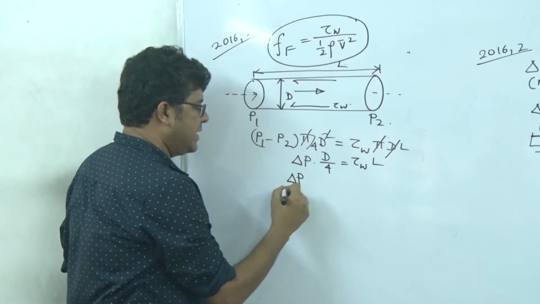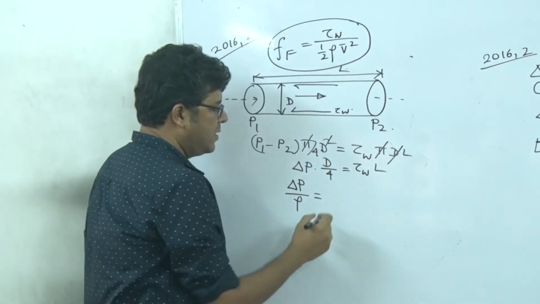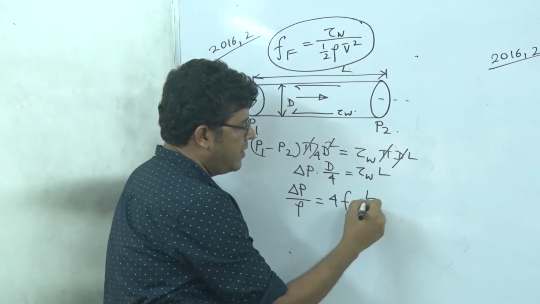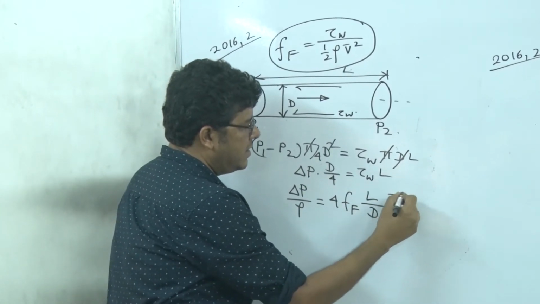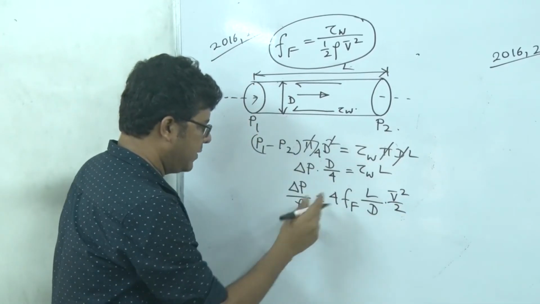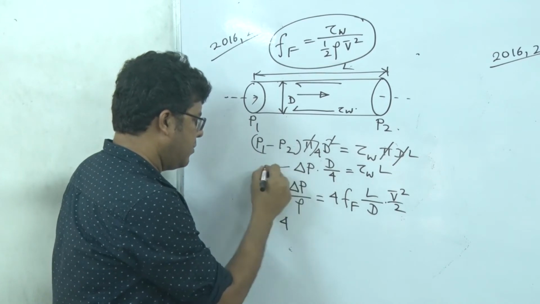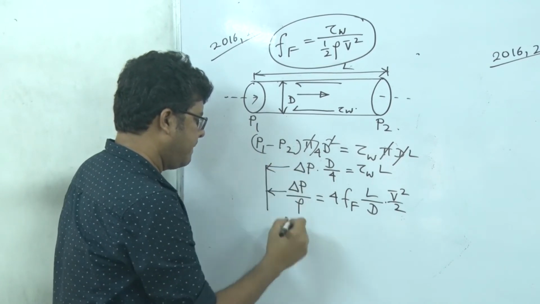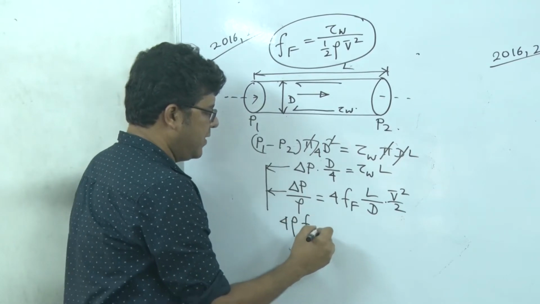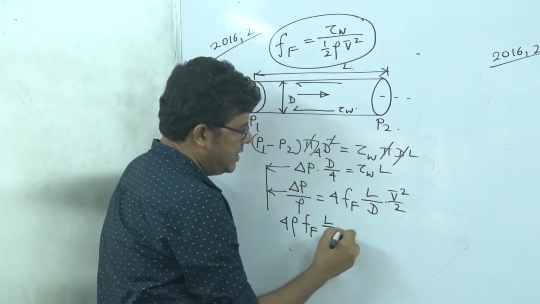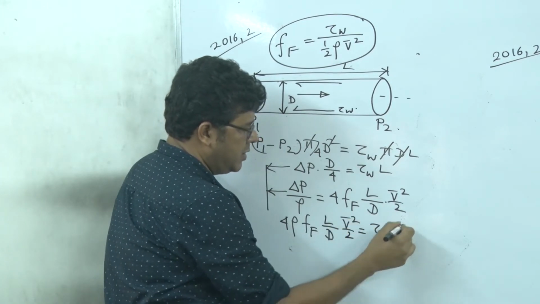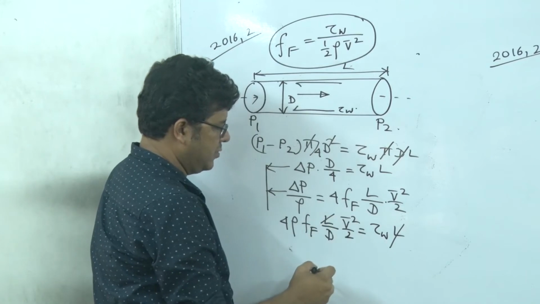Now what do we know? We know this delta P divided by rho is equal to 4 Ff L by D into V bar square by 2. So if I substitute that, combining these two, 4 into rho into Ff into L by D into V bar square by 2 equals tau W into L, so L cancels out.